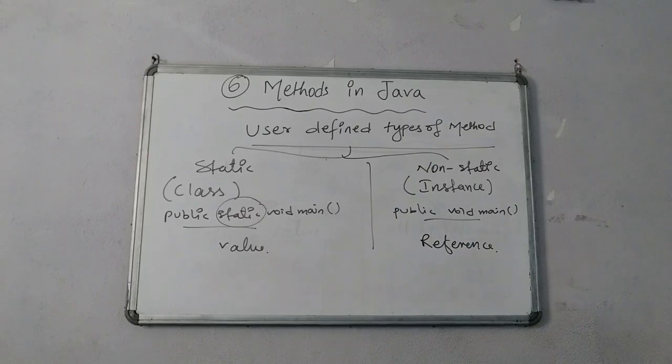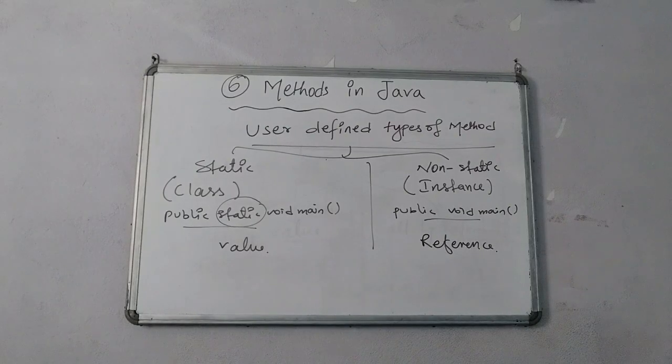Children, if you have a computer or laptop, you can try any program, addition of two numbers only. You can write public static void main, compile and check the output. You can use public void main, compile and check the output. You will find in public void main, you need to create the instance. When you create the instance, at the bottom of BlueJ you get a red icon.